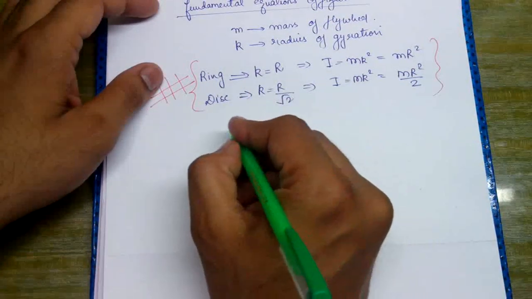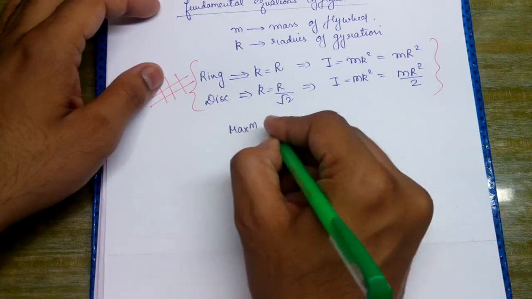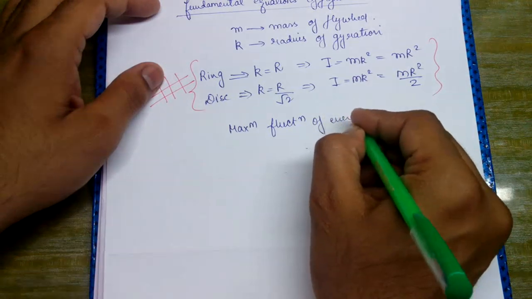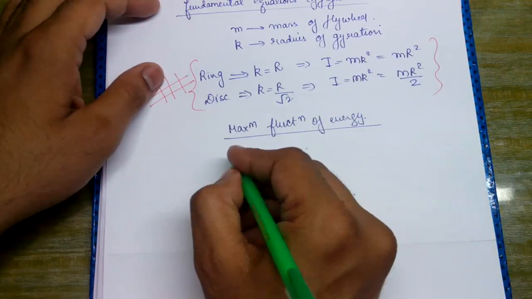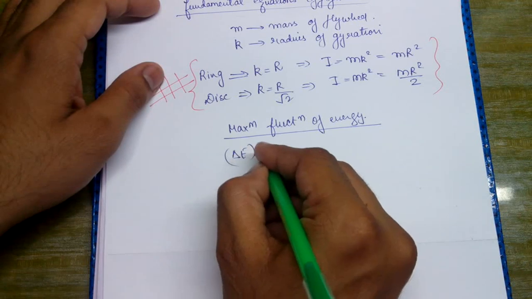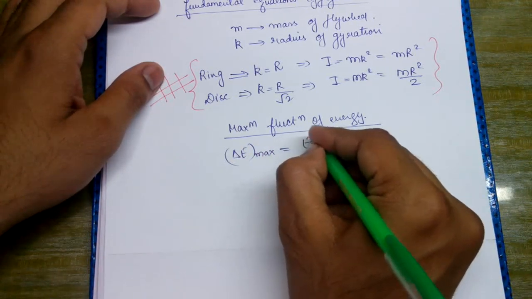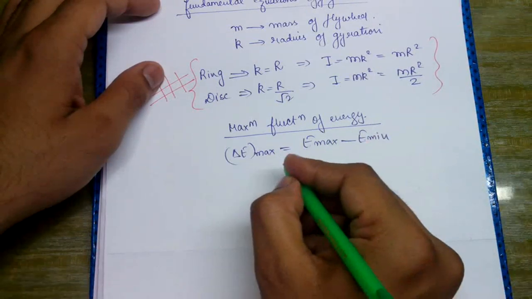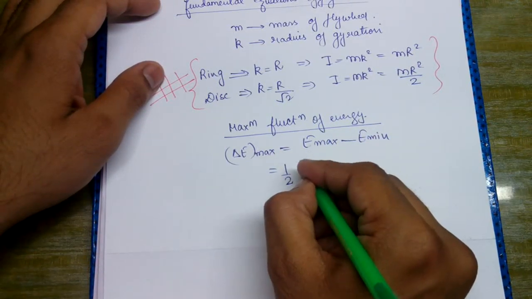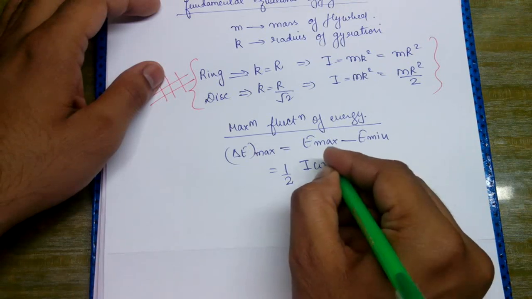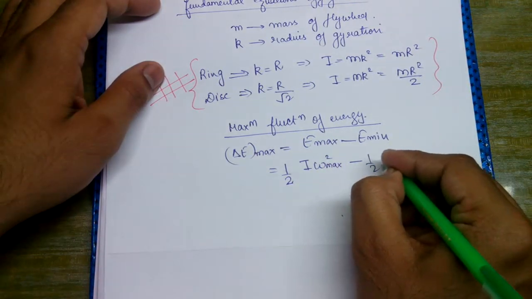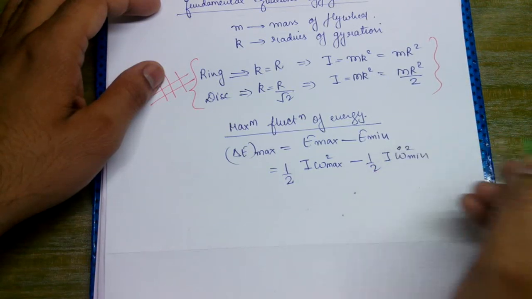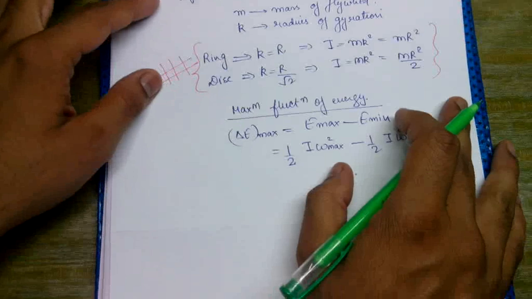Now we will find the maximum fluctuation of energy. Delta E max is equal to E max minus E minimum, and this is equal to half I omega max square minus half I omega min square, because E is equal to half I omega square.